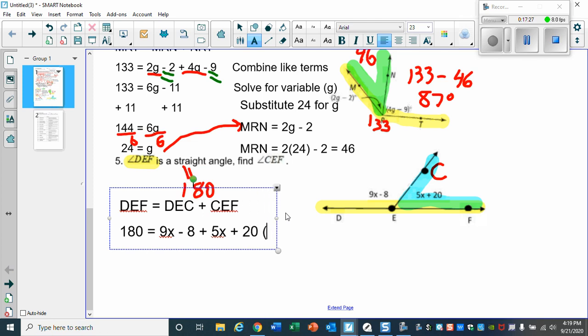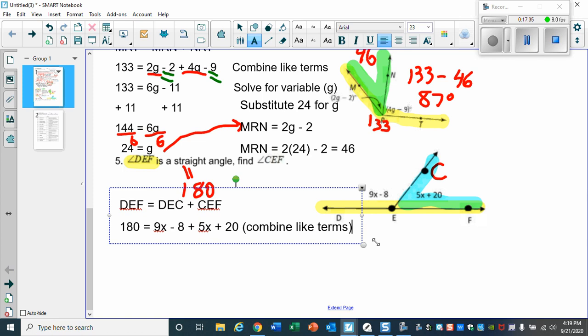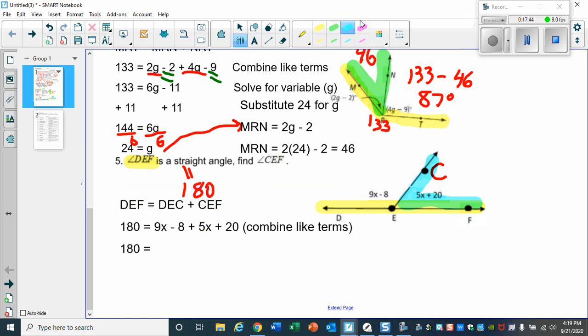So just like before, combine like terms. 180 will equal 9x and another 5x. That's going to give us a grand total of 14x. And then negative 8, positive 20.